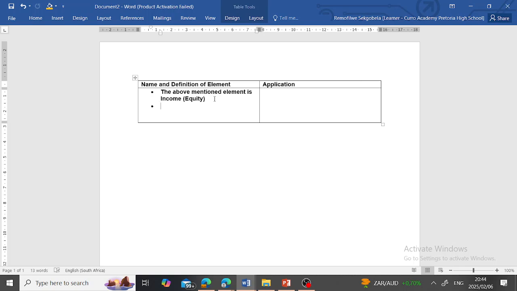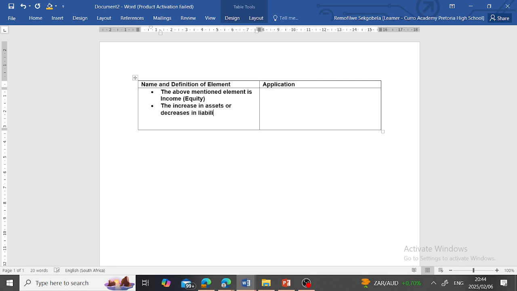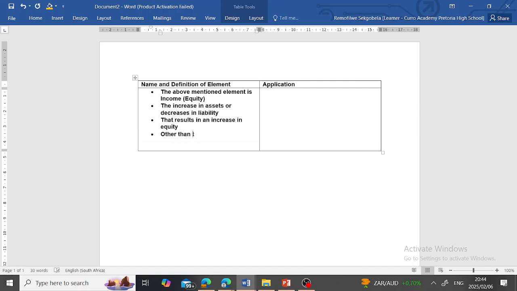Income is increases in assets or decreases in liability that results in an increase in equity, other than those relating to contributions from holders of equity claims, which is shareholders.